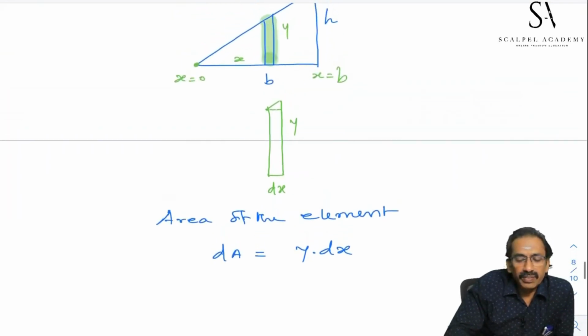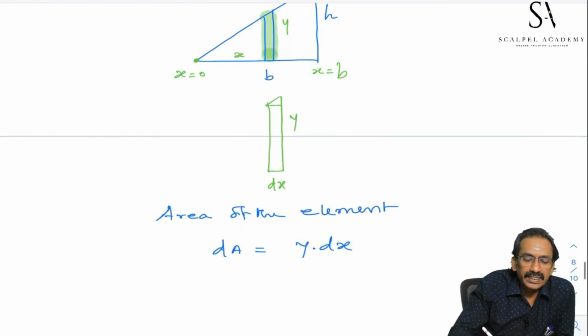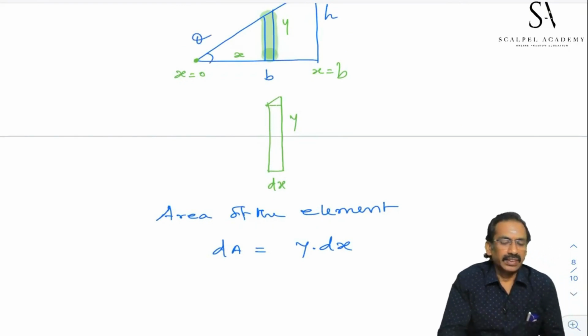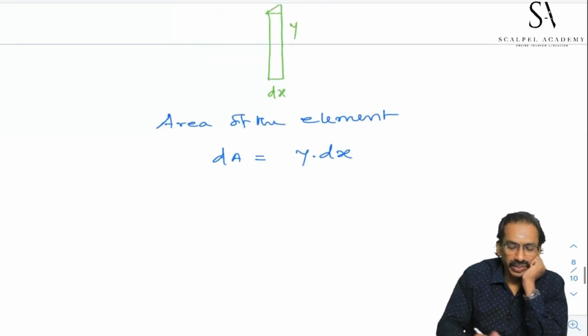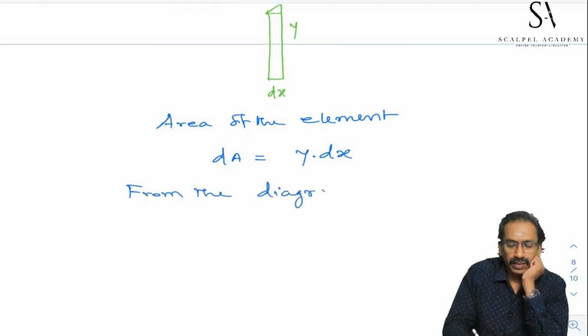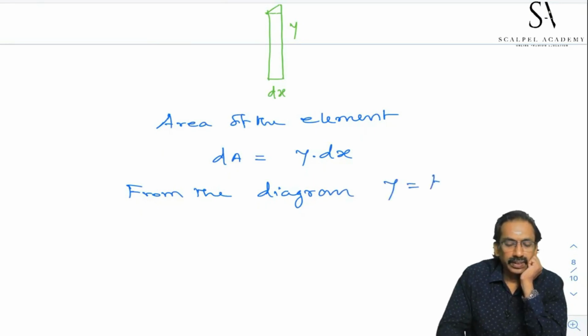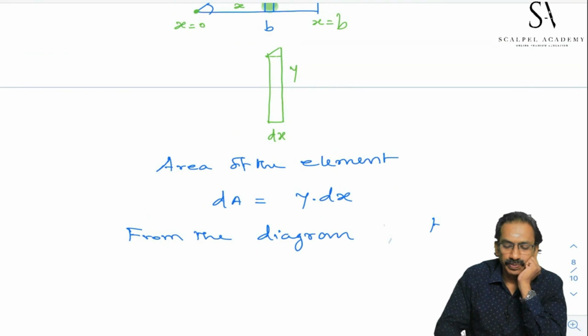Look at this triangle. I take this angle as theta. Then what is tan theta? Tan theta is equal to y by x, from the diagram.